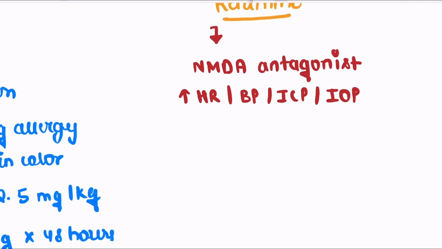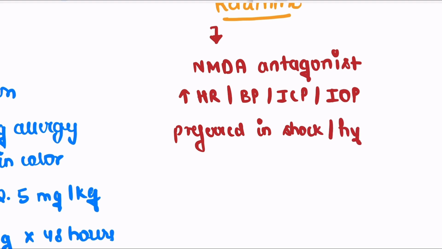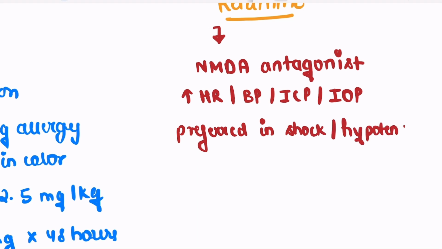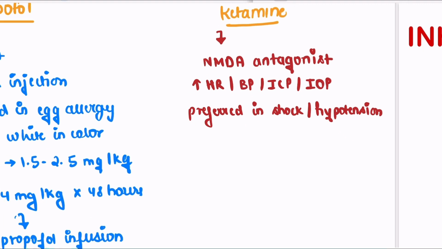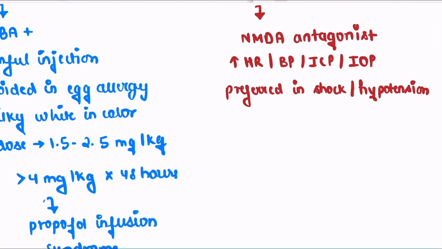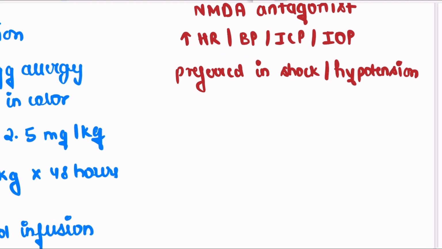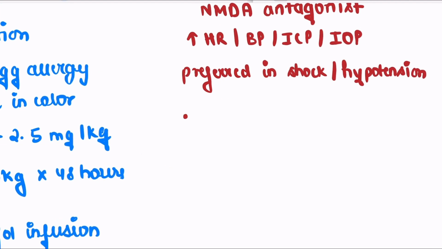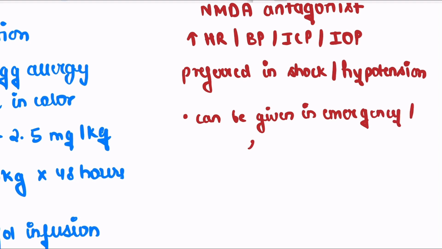Therefore, it is preferred in patients of shock and hypotension. Most of the anesthetic drugs are not given on full stomach, but ketamine is the exception. It can be given in emergency or full stomach.